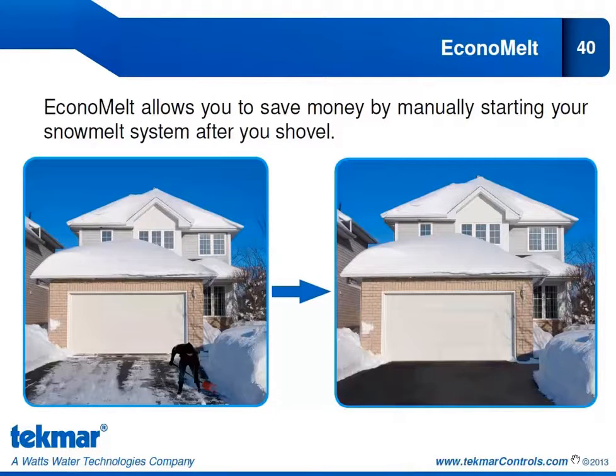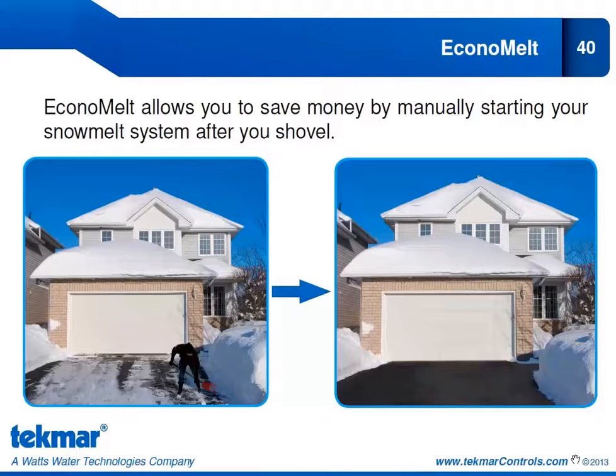So in the system menu, the default for EconoMelt is off. So that means by default you do have the automatic start and the automatic stop. If you change that, so you select EconoMelt on, you no longer have the automatic start. The control will wait for you to manually enable the snowmelt system.